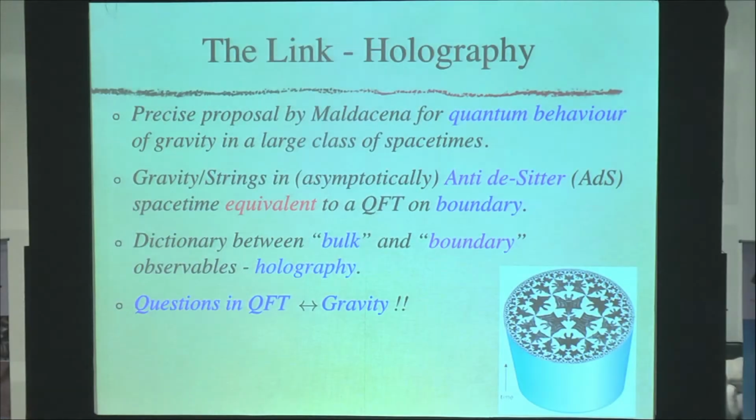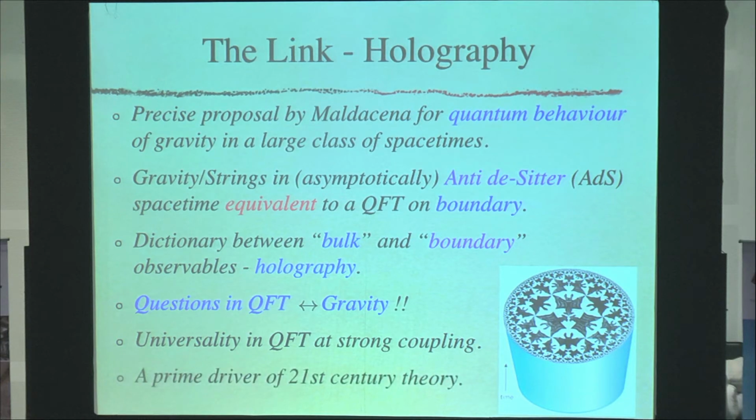In fact, it reveals various surprising things, that there's some kind of universality in quantum field theories at strong coupling, and I believe it's already driven a lot of theory in this century and is going to continue.